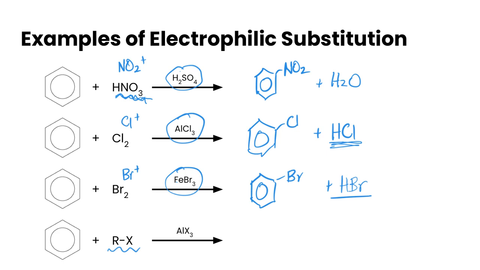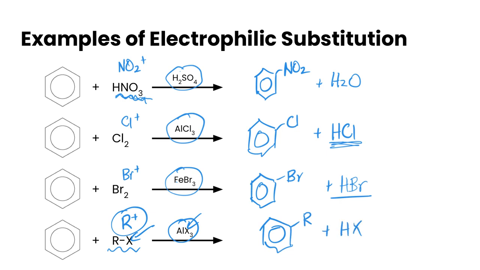And so essentially this creates an R plus electrophile. And what we end up creating, we need an aluminum halide. So the halide needs to be the same halide as in our thing that we're reacting with here. But essentially we're creating an R substituted group here, and then we're creating HX as our other product.